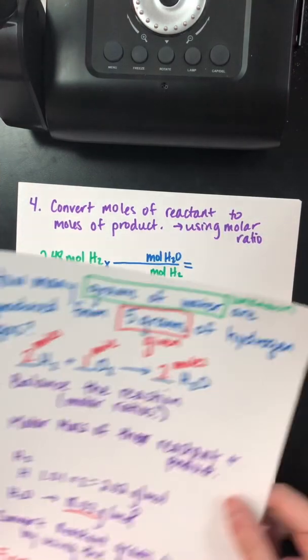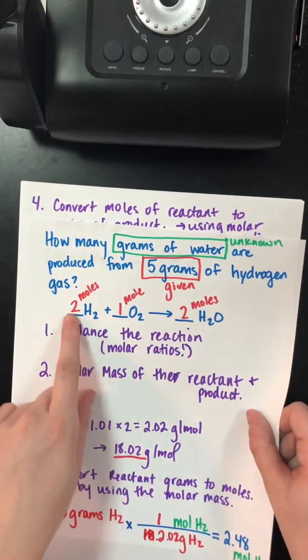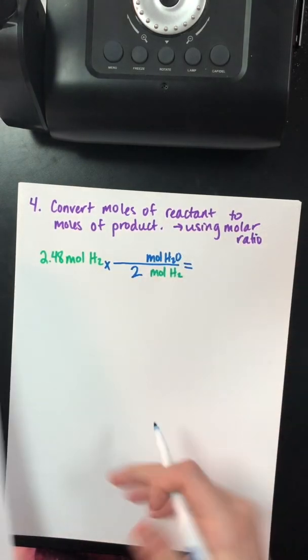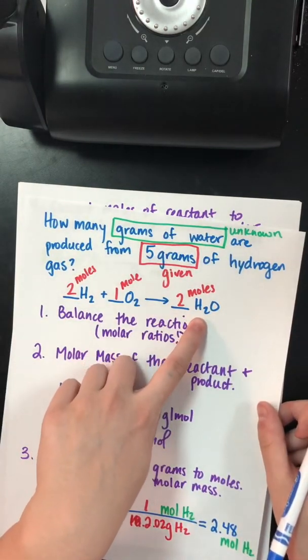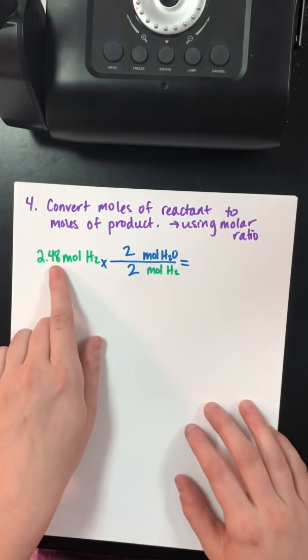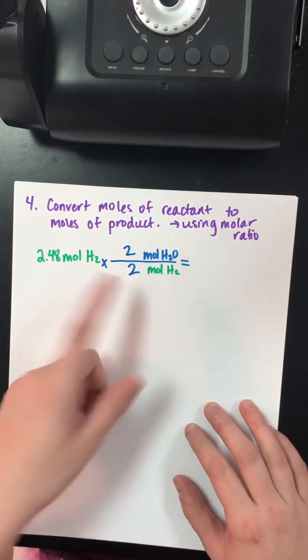We find the molar ratio by looking at the moles in the balanced chemical equation. So I have 2 moles of hydrogen gas, 2 moles of water, 2. That makes this problem pretty simple because anything divided by itself is just 1.